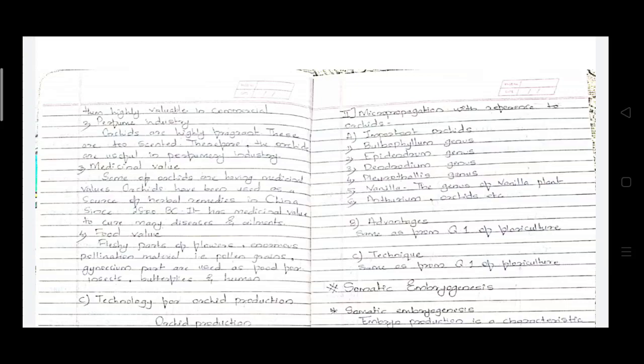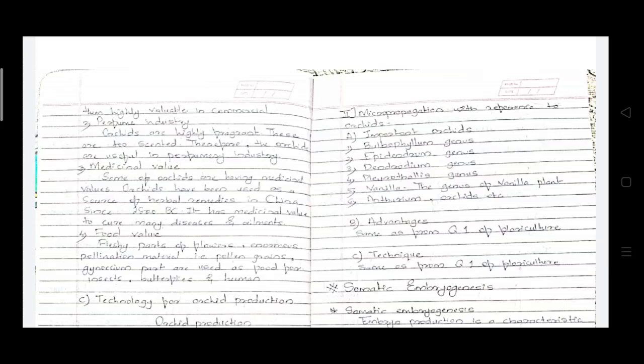So in that, the Bulbophyllum genus, then Epidendrum genus, Dendrobium, then Pleurothallis, Vanilla, and then Anthurium, and some ornamental orchids can be used in micropropagation techniques to get a number of plantlets, and then these plants will be commercially marketed.